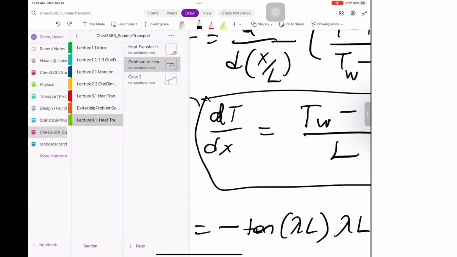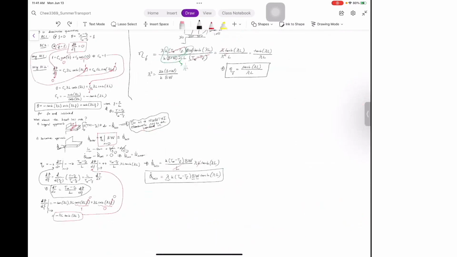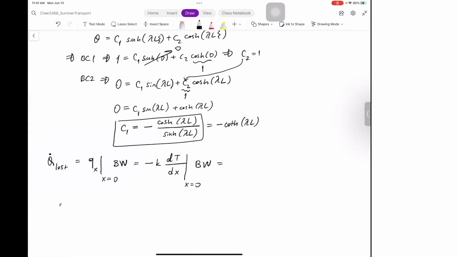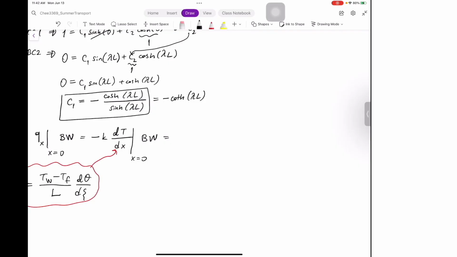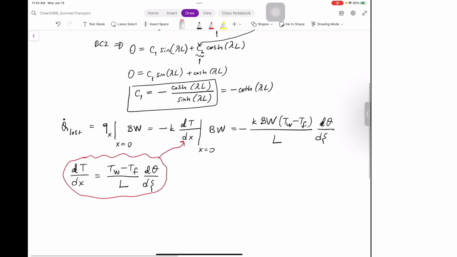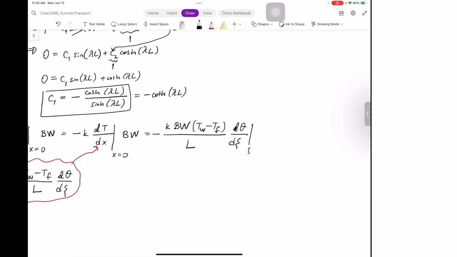So Q lost is equal to minus k B W Tw minus Tf divided by L times d theta over d psi when psi is equal to 0.